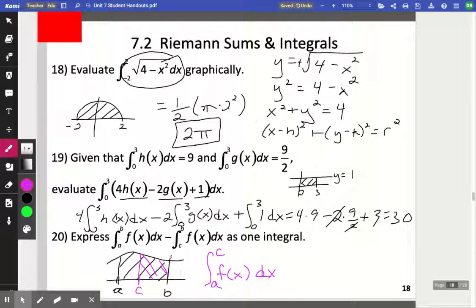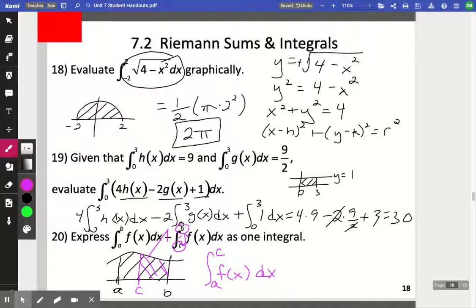Now, how can we think about this? Well, if I want to take these values and flip them, then I can put a negative in front, which means that this would become a plus.